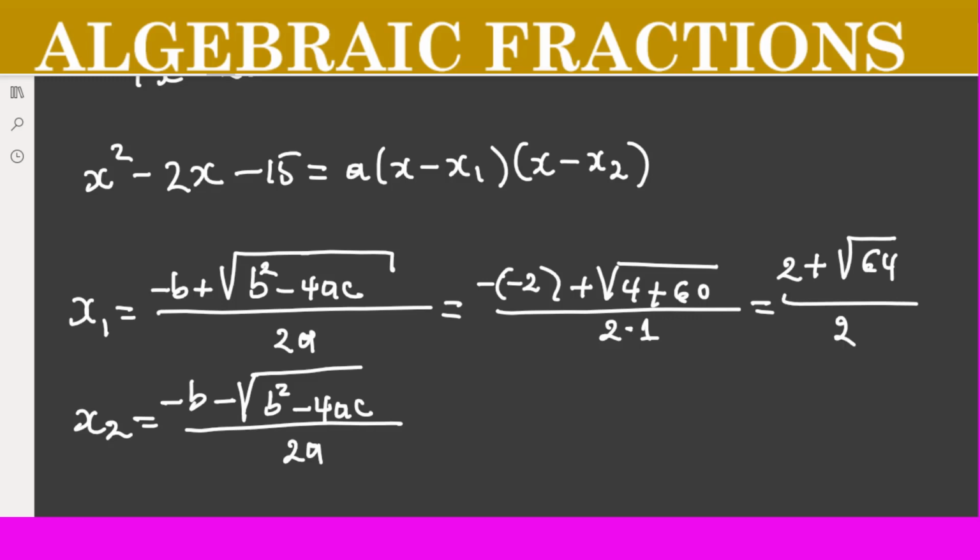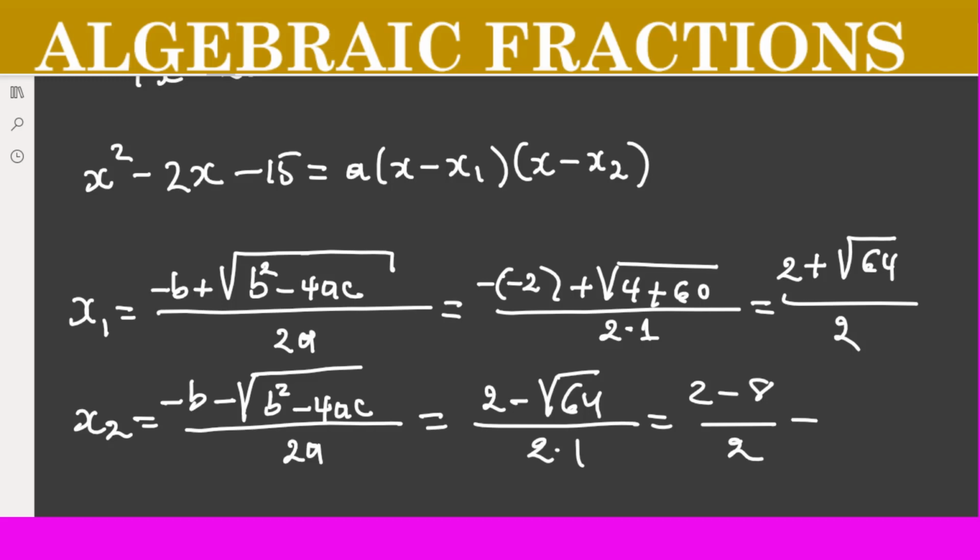Here also we have 2 plus root. Now you have negative, you have 2 negative 8 over 2. We get 6 over 2.